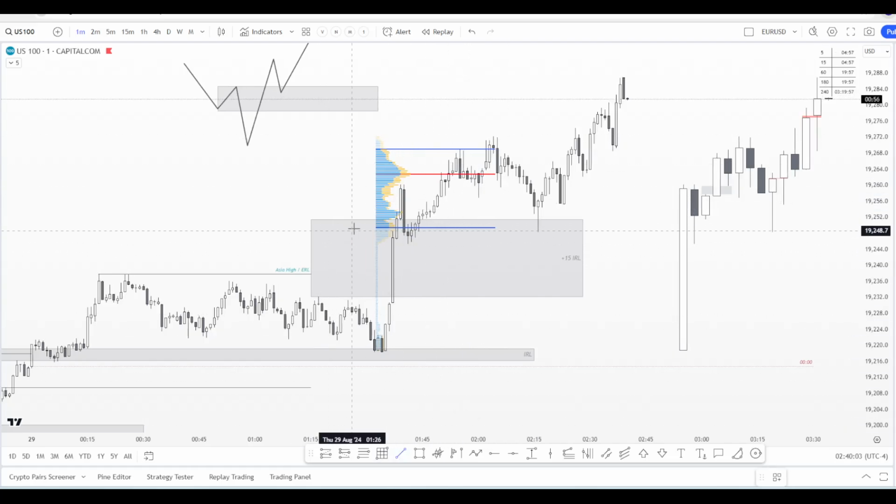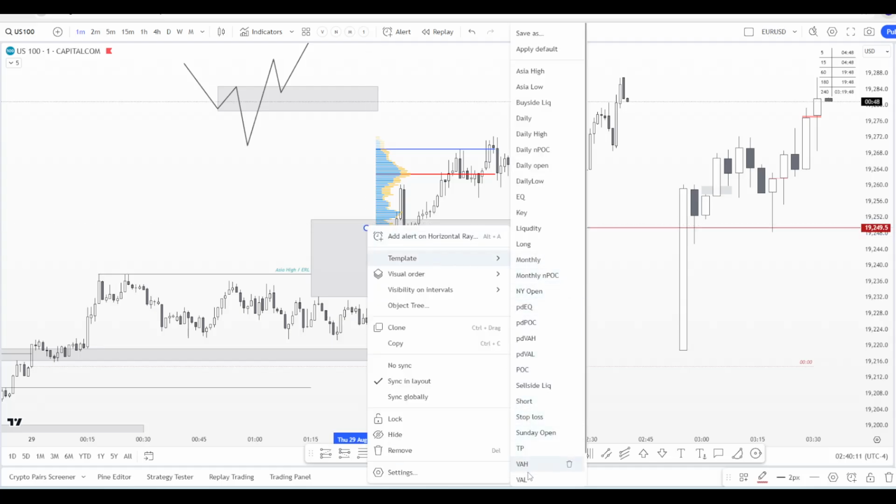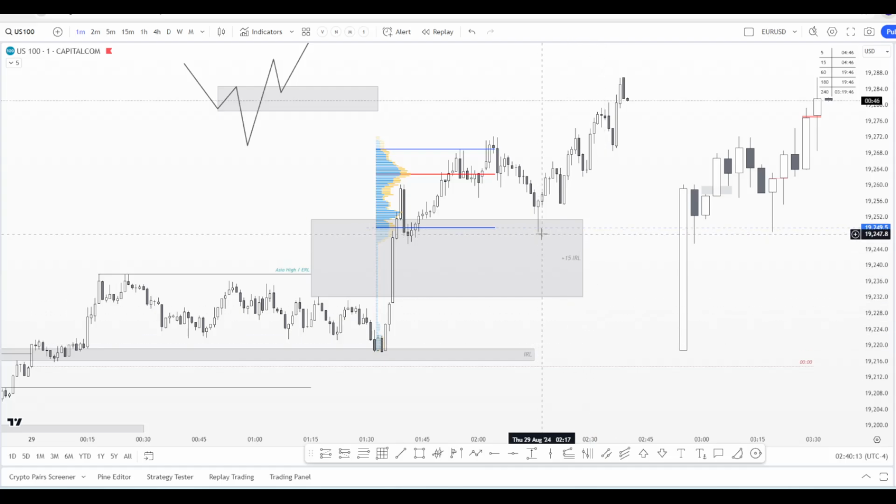So if we just mark out a line on that, there we go, and we have a value area low. You see that all of a sudden we already know where we will search for. There's no reason to search for this fair value gap down here, because why would price need to go there when you have all the volume right here?